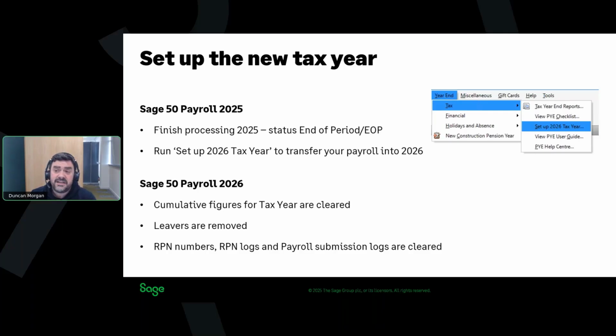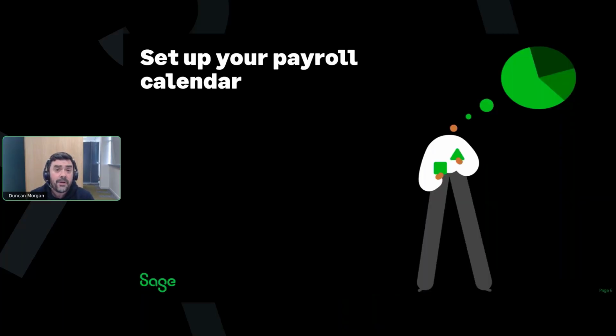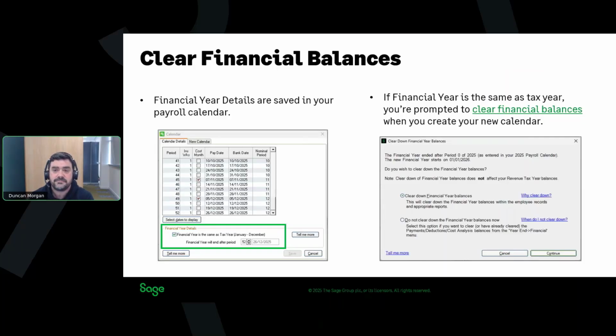So next thing we need to think about is setting up our payroll calendar for 2026. And as part of your payroll calendar, you will be recording details of when your financial year begins. So in your 2025 calendar, if you've set up that your financial year runs the same as the tax year, so January to December, it means when you set up your payroll calendar, you are going to be prompted to also clear your financial balances.